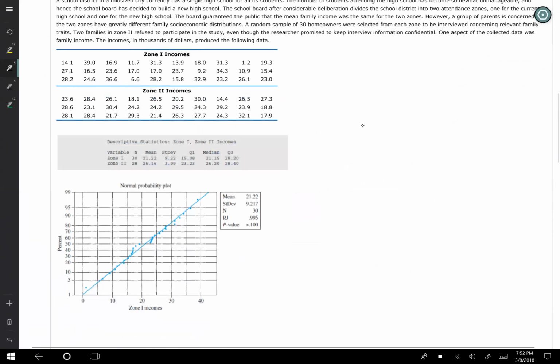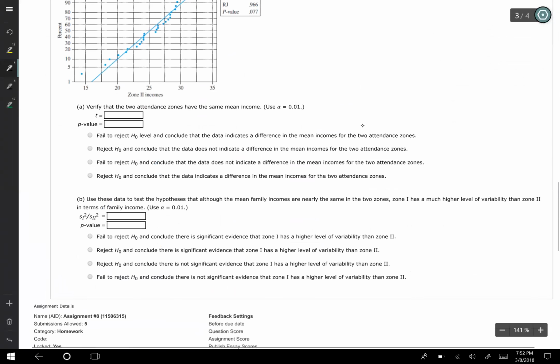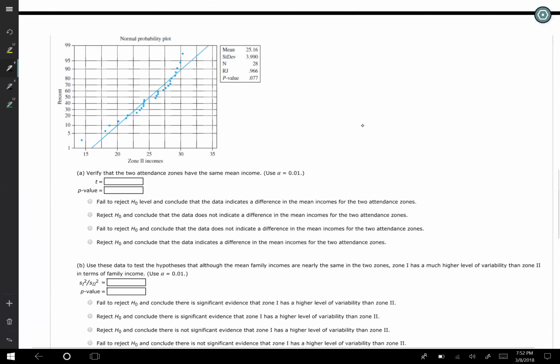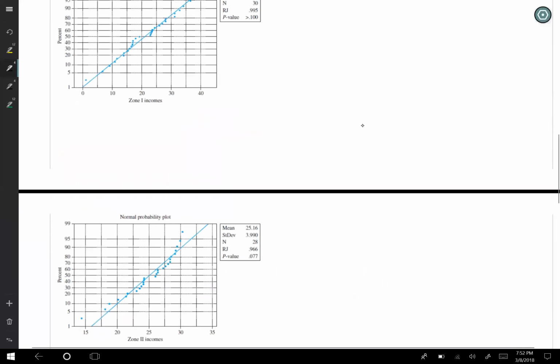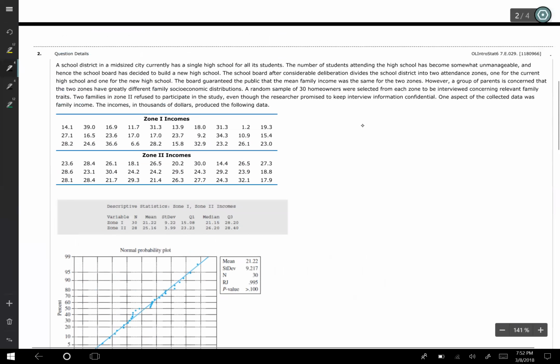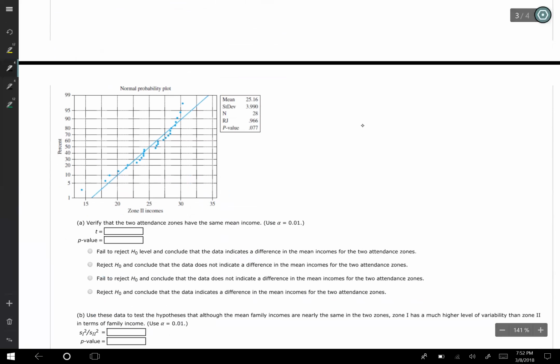For number 2, the big overall picture is that in part A they're doing inference on two population means. So they're looking at mu1 minus mu2, however you want to designate that. That's what part A gets at. So that's actually a module 5 idea from last week.